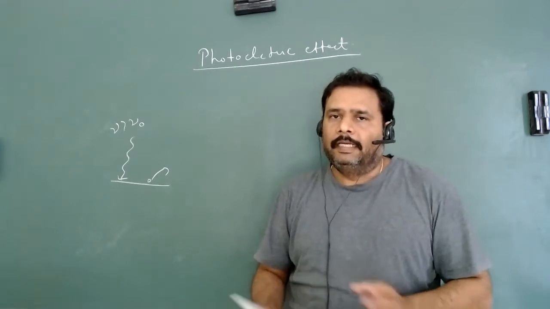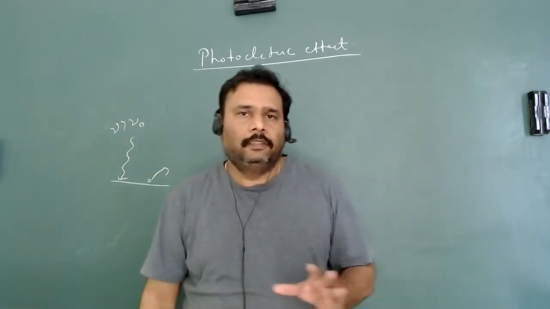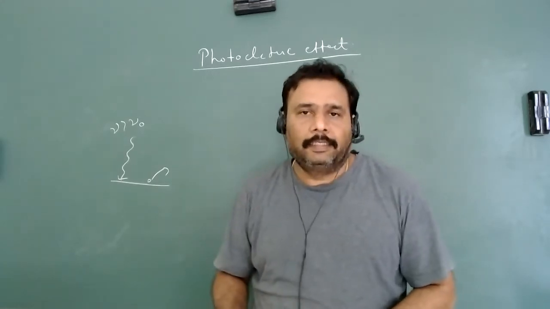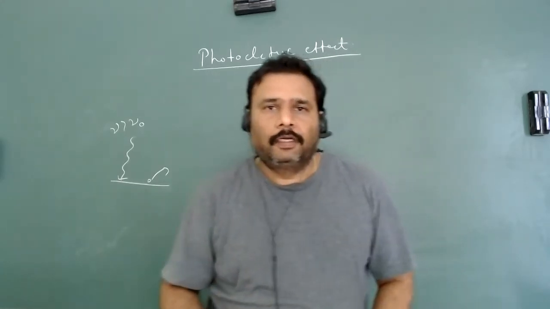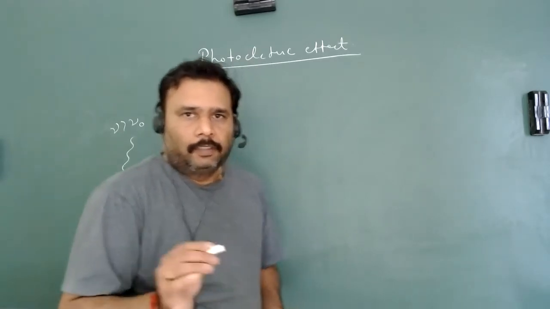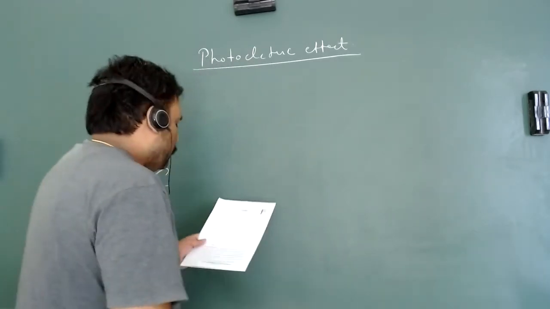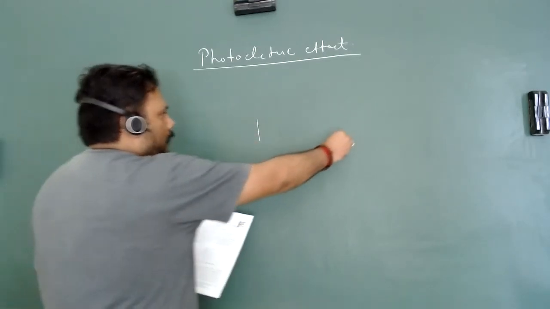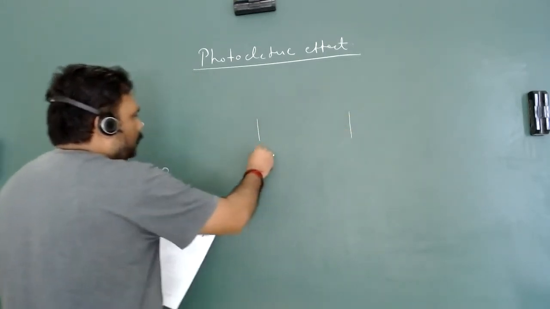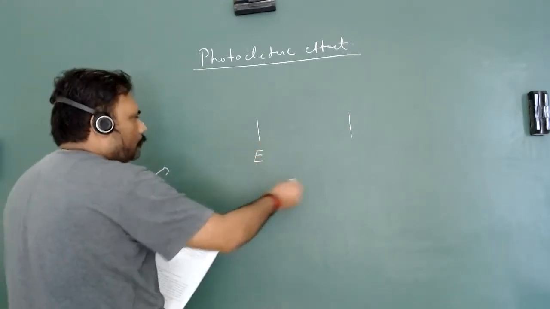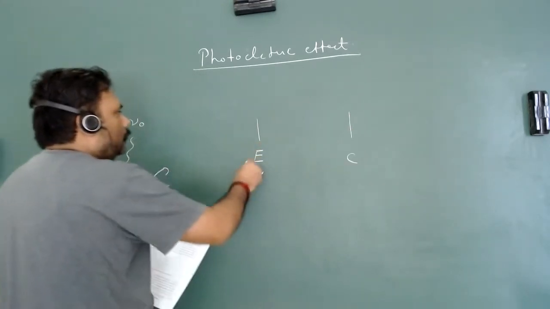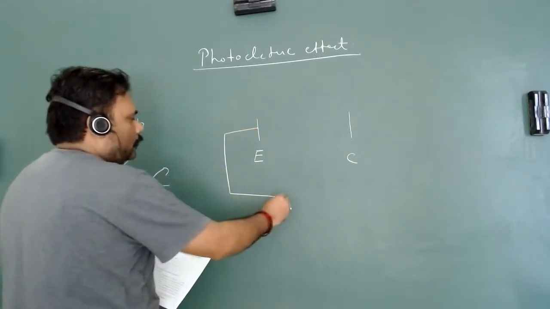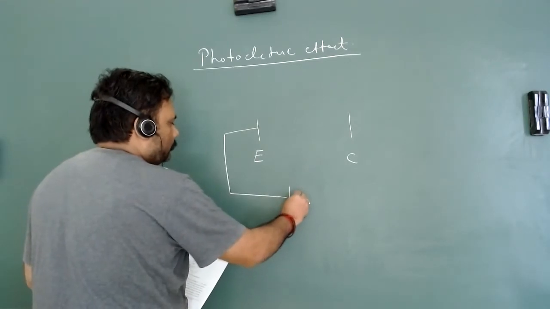This experiment was done by Hertz, but it was mainly explained by the great Einstein. So let's go for a schematic diagram of this experiment. We have one metal plate and there is another metal plate. Let's say this is the emitter and this is the collector, and these are connected to some voltage.